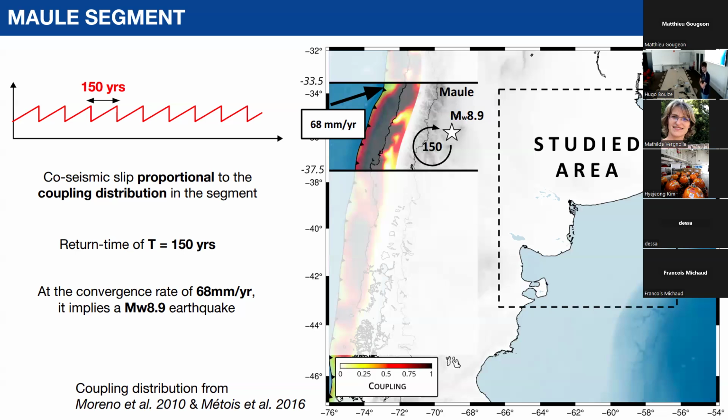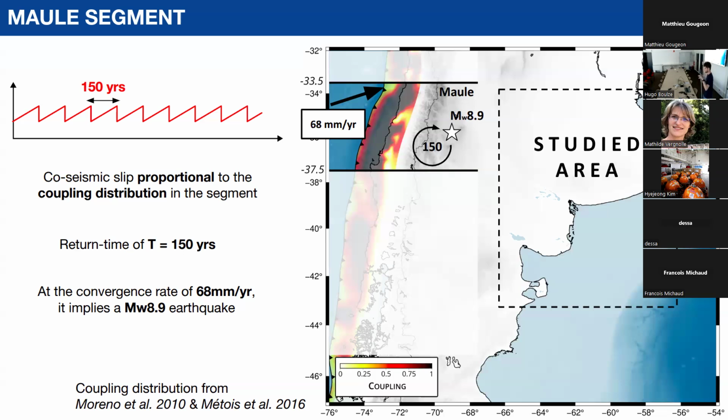No, you're completely right. We have the chance in South America to have a continent. In Indonesia or Japan, for example, you have very good coverage of the midfield deformation, and then you have the ocean, so you have nothing. You have some stations in China from the work of a former student from Luz. There are some stations in China or Russia that recorded some viscoelastic deformation after the Tohoku earthquake.